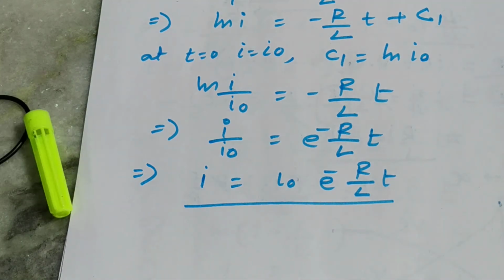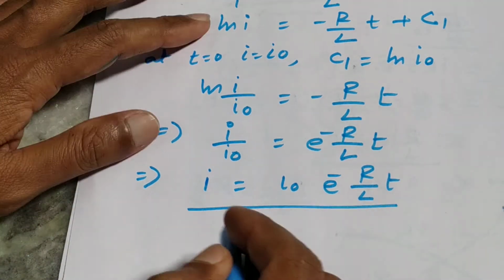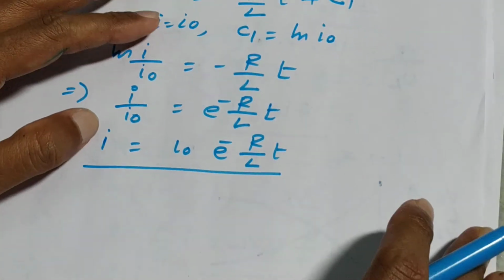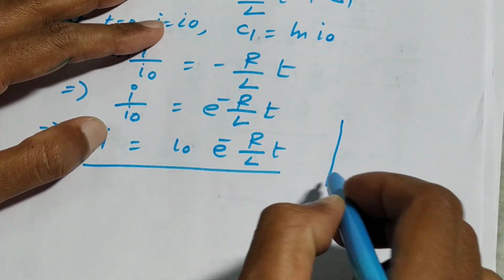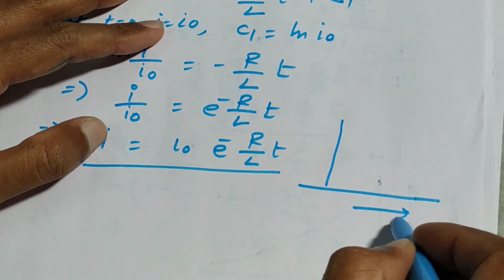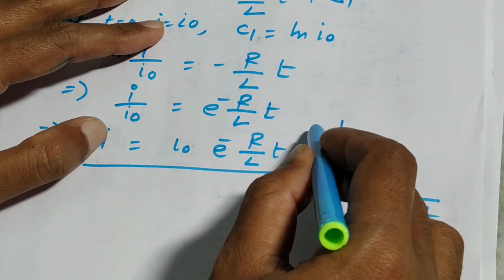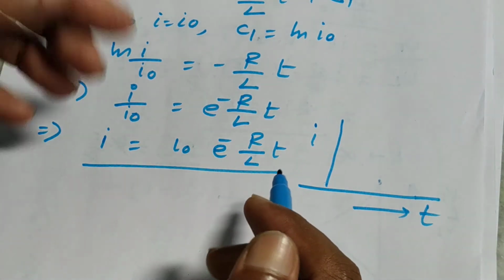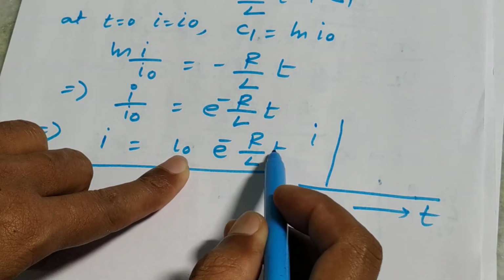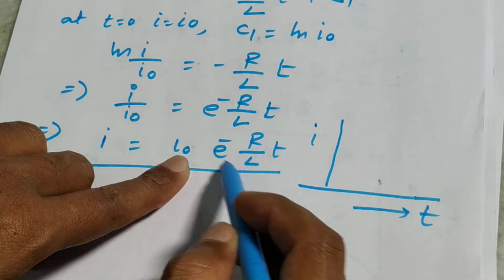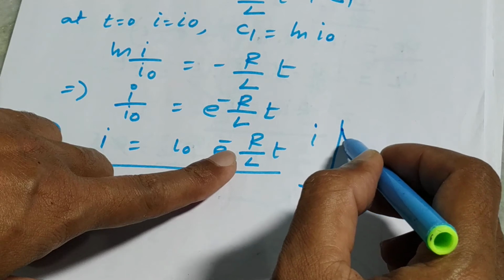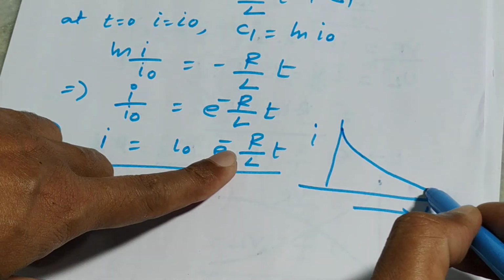And for the variation of the decay of current with time, this is the time axis and this is the current axis. At t equal to 0, the current in the circuit was maximum and the value is I0. If we substitute t equal to 0 in that equation, then the exponential will be 1, so the maximum current, and with increasing time, the current decays exponentially.